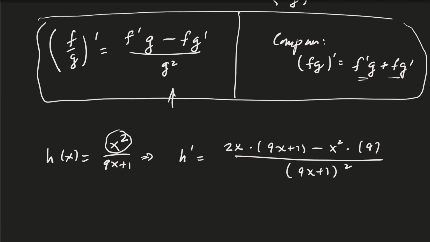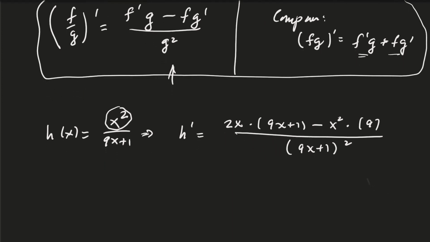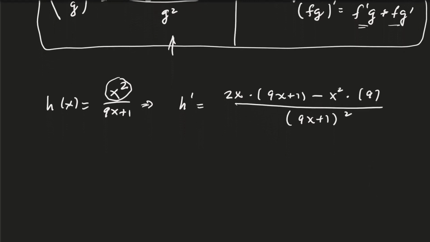Good. Now typically, I'm not going to ask you to simplify that because it's easier to see what you're doing if you leave your answer in unsimplified form. Okay, that's how to use the quotient rule. All right.